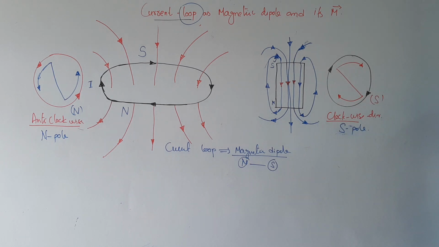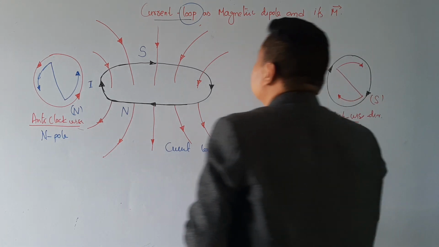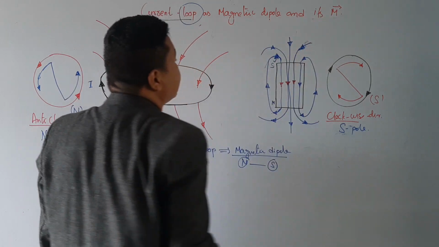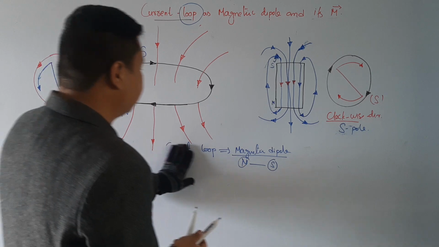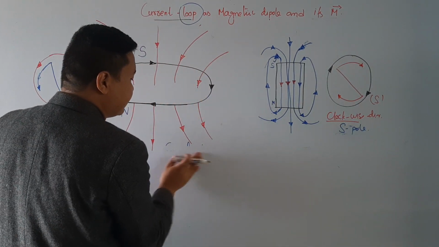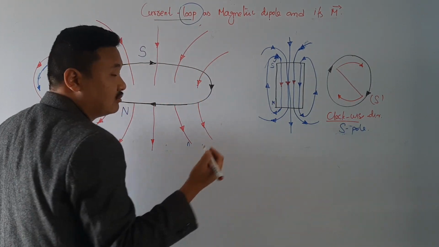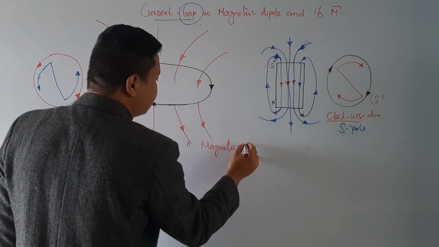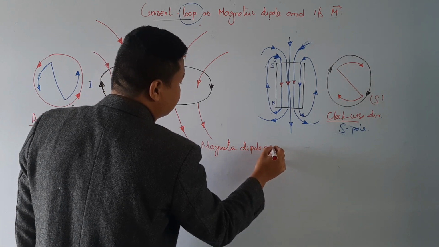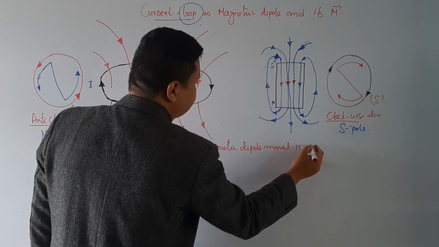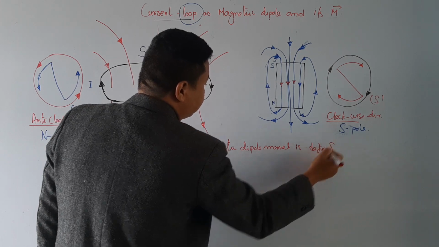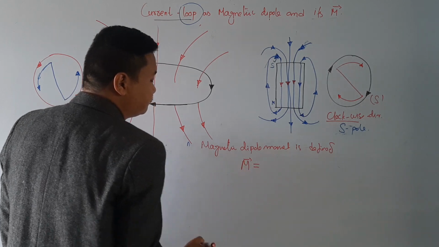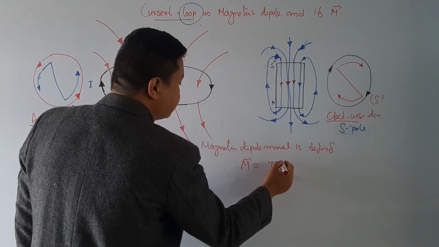Okay. Now, a special thing is the definition of magnetic dipole and its dipole moment. The magnetic dipole moment is defined as m vector is equal to current I into area vector.